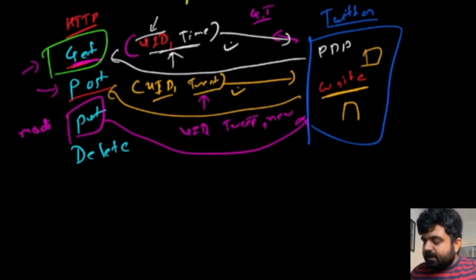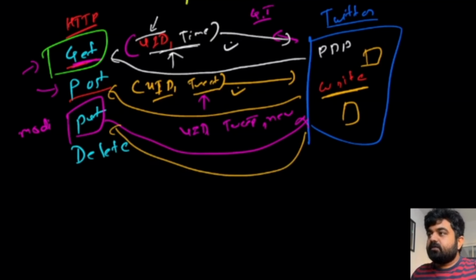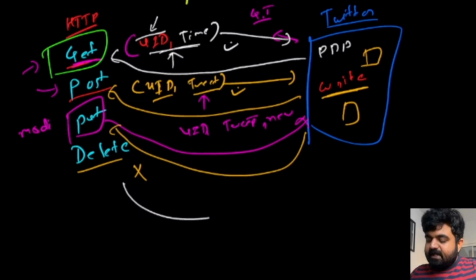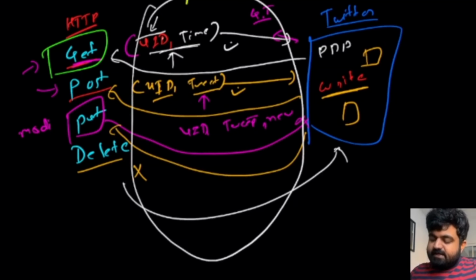And once Twitter updates that, it would send out a confirmation, and then you would know that your task has been done. And the last one is DELETE. Delete is simple: you want to delete some entry inside the database, and the same thing would happen with the API calls. And all of these transactions are actually facilitated through APIs.